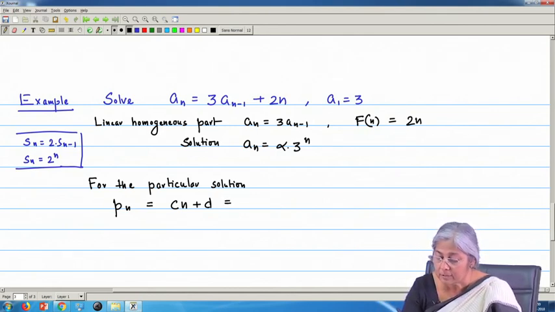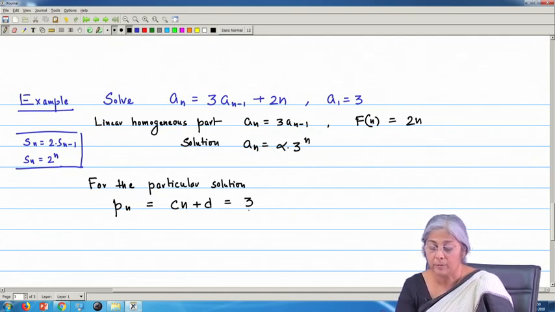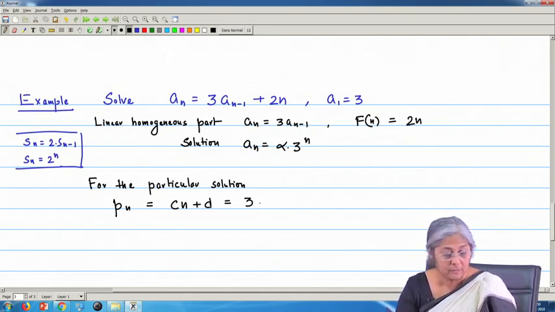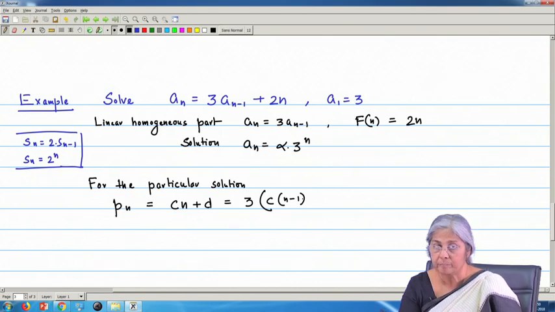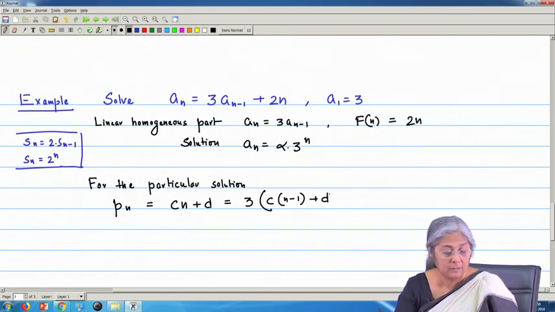So I can write C n plus d equal to 3 times C n minus 1 plus d, because my equation is a n equal to 3 a n minus 1, plus 2n.